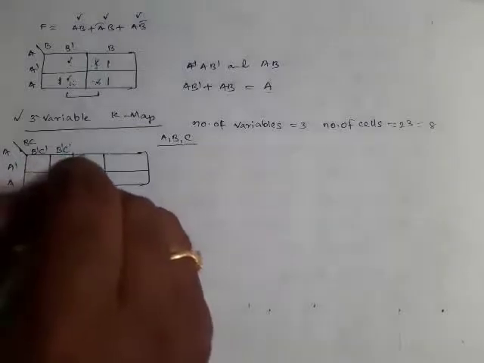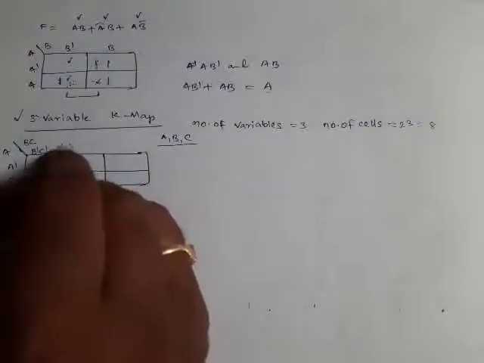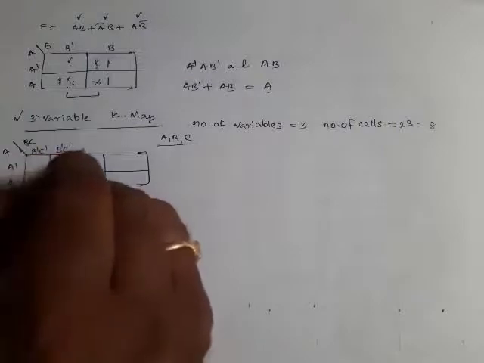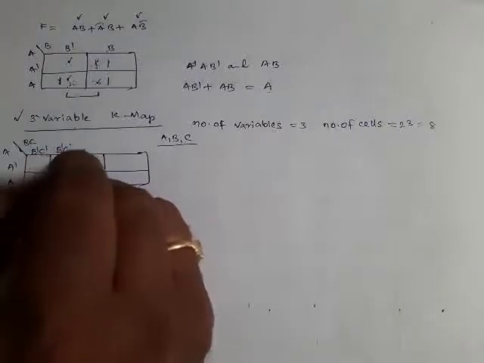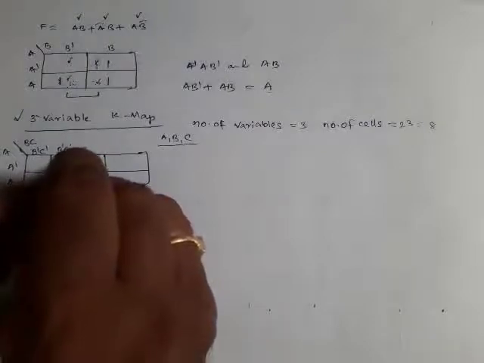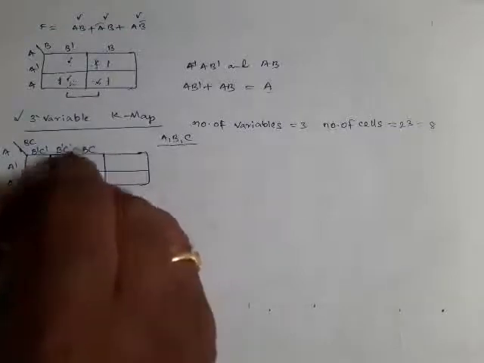And when I want to represent the variable for the next column, you can see only one variable has to change, that means you can write it as b, c.